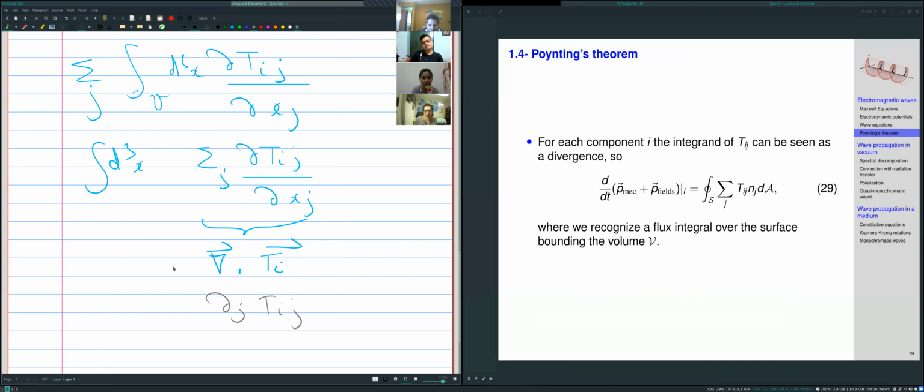Thanks, Felipe. This is exactly where I was meaning to get to, because here I'm using the divergence theorem, or the Ostrogradsky theorem.